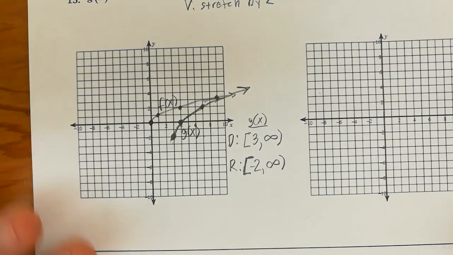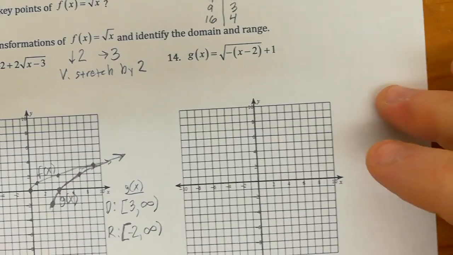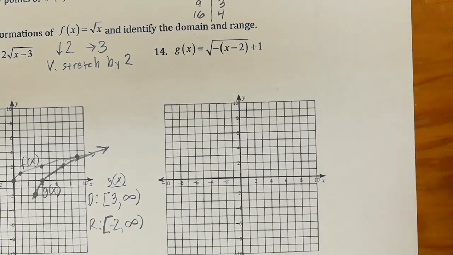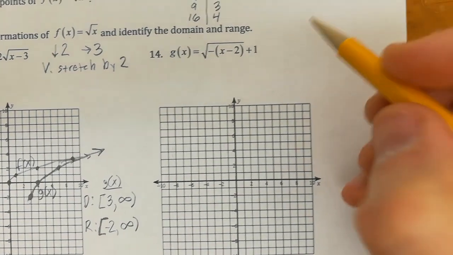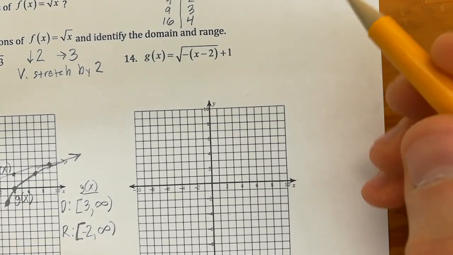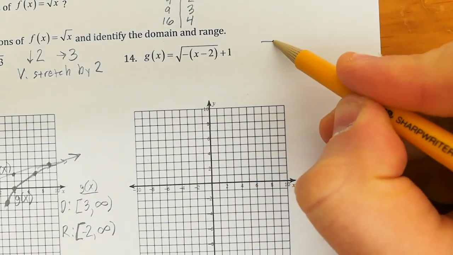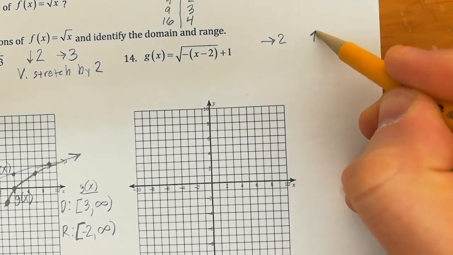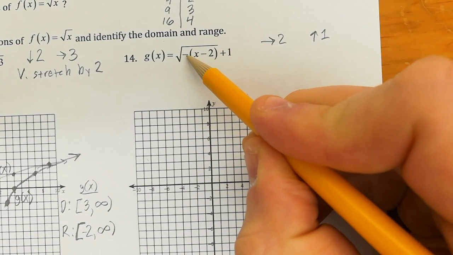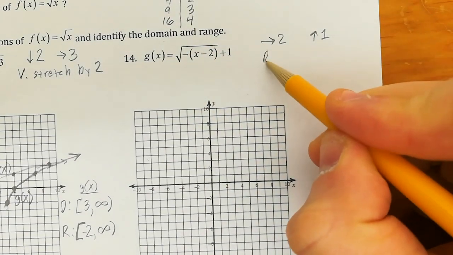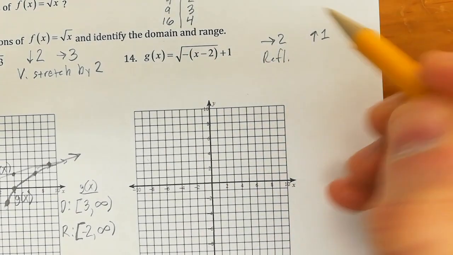All right, let's do number 14 together too. That one's a little different. So let's identify our transformations. It goes right 2, up 1, and then this negative indicates a reflection over the y-axis. We saw that from up above.